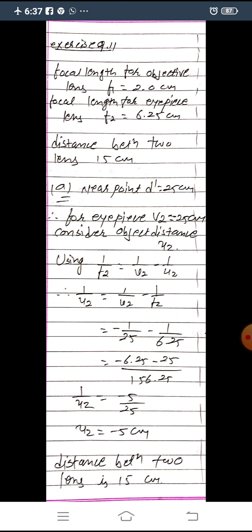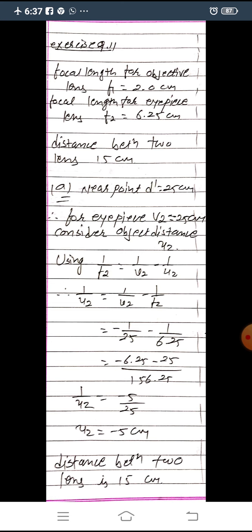Here V2 is 25 centimeters, but according to the sign convention it is minus 25 centimeters. So it is minus 1 upon 25. The focal length of the eyepiece is 6.25, so 1 upon 6.25. Do the necessary calculation and you will get U2 as minus 5 centimeters.